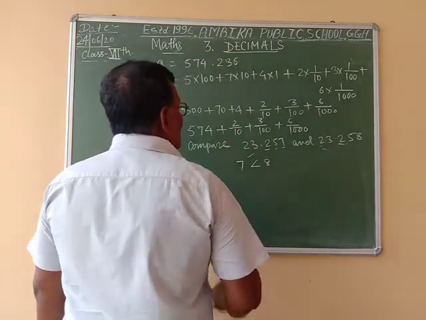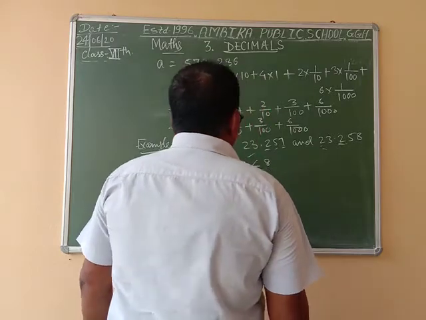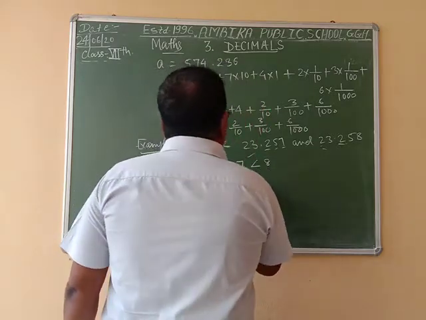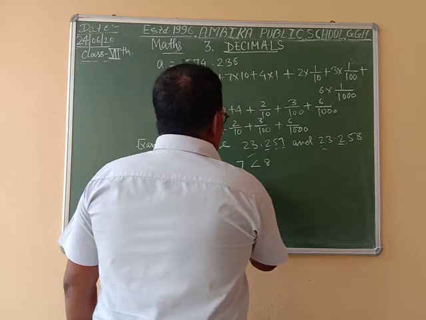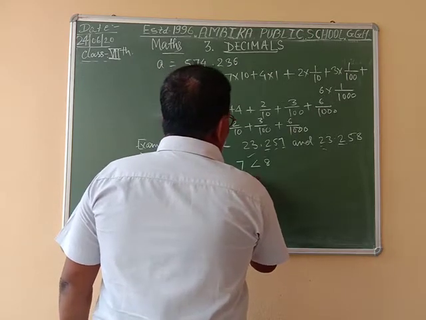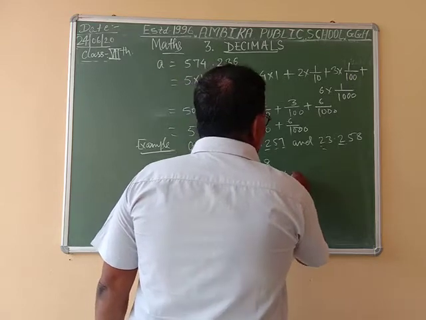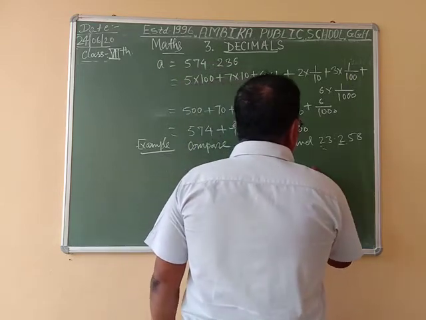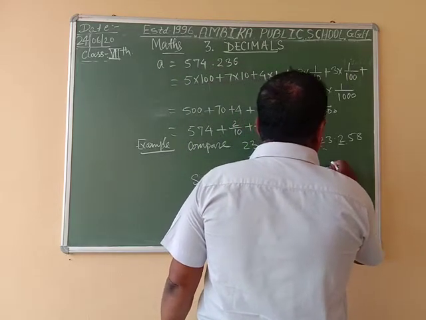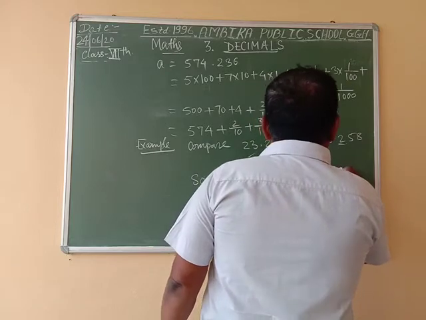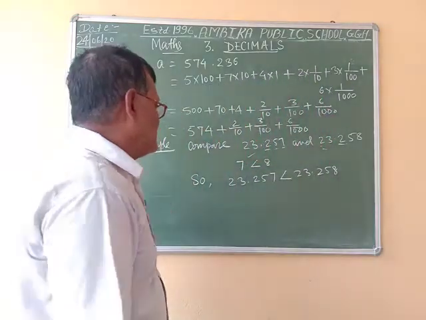So comparing both the numbers, we can write 23.257 is less than 23.258. The first number is less than the second number.